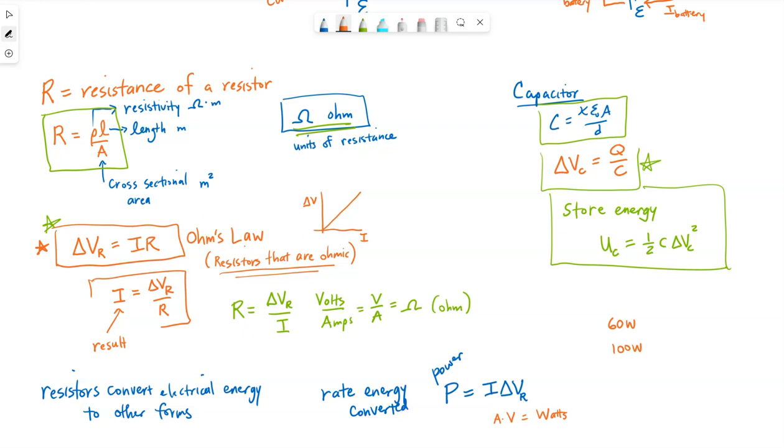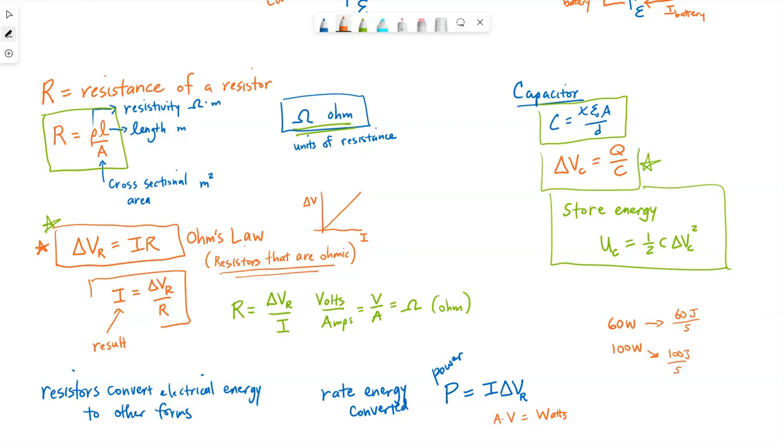They also require less energy to produce the same brightness. 60 watts means that 60 joules of electrical energy are turned into thermal energy and light per second. 100 watts is 100 joules per second.